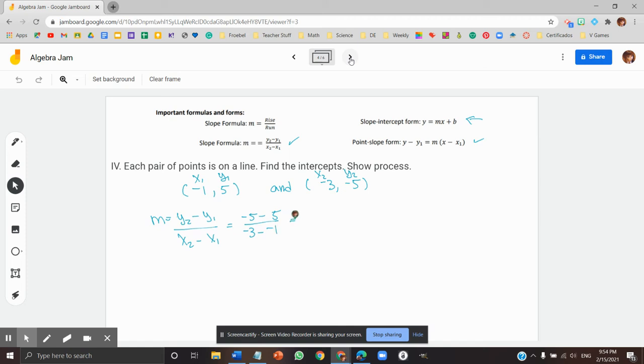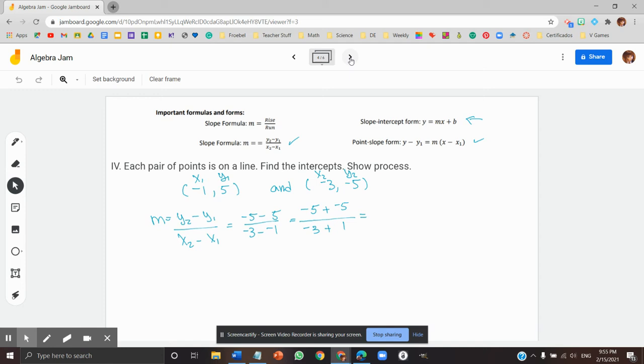And I can rewrite this a little bit, right? Using the integer rule, the first one stays the same. I can change that subtraction to an addition, and I can change the second one's sign, just in case it's a little bit easier for you.